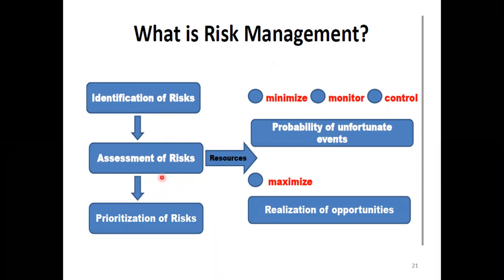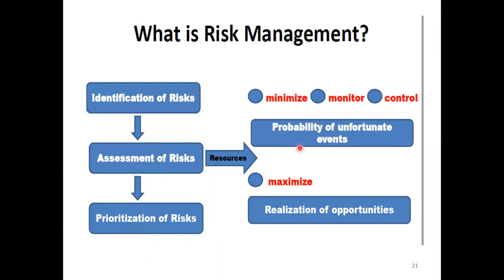Once they have assessed the risk, they have to form strategies and action plans: how to manage that kind of risk, and what mechanisms they are going to implement to mitigate it.